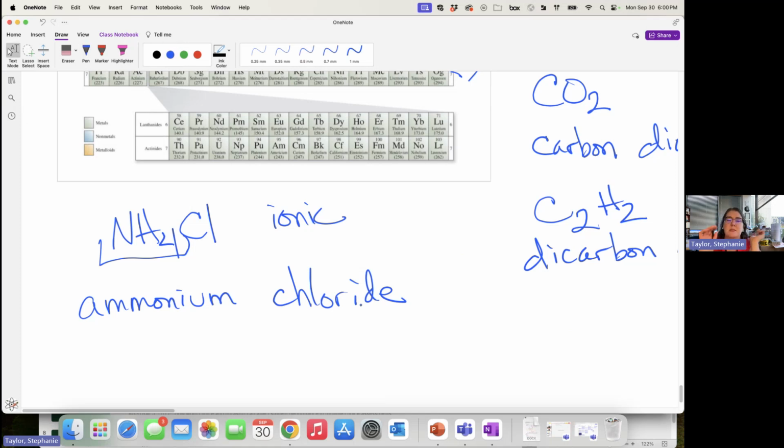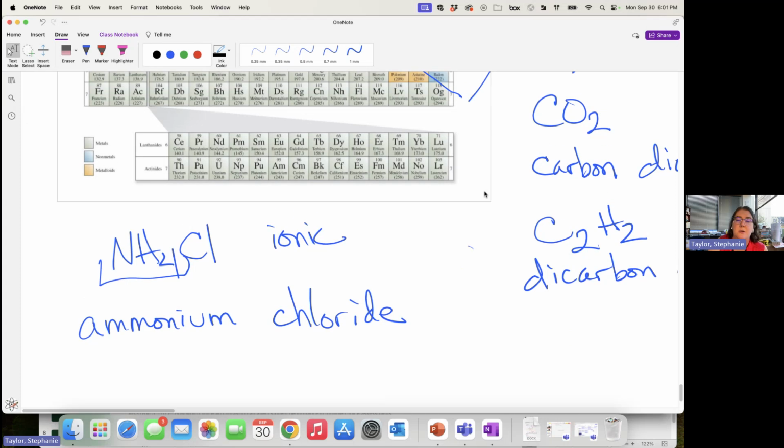So I mentioned, if it's all covalent, you should be using prefixes unless it's one of the exceptions. And really, this is not technically an exception because it's actually an ionic compound, because that ammonium ion is positive and that chloride anion is negative. And this thing is actually held together with positive and negative charges. But it is all nonmetals, which, you know, I get it.